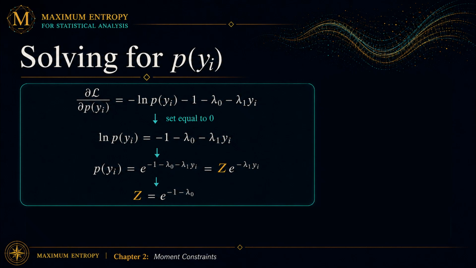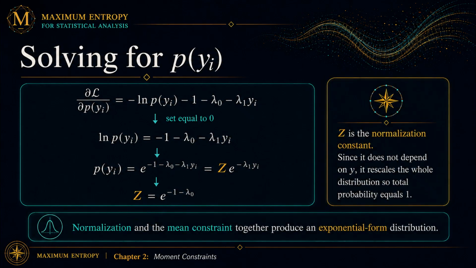That's just a notational trick. The rationale for this is that the normalization constraint does not depend on y, so when we're trying to find the probabilities of each yi, z is not affecting that, so we can just pull it out and treat it as its own term, and it makes things look nicer.